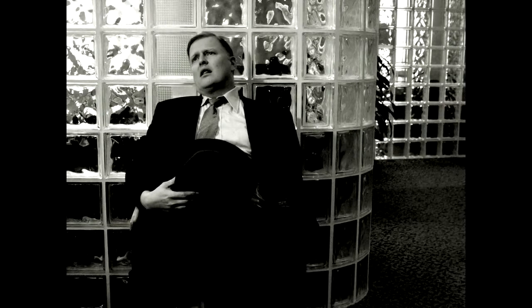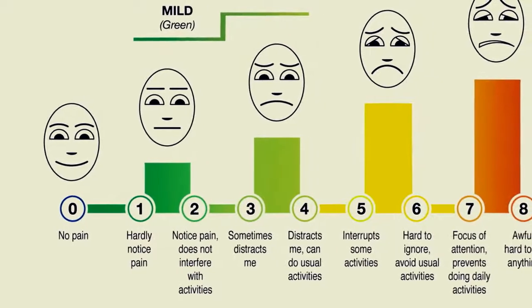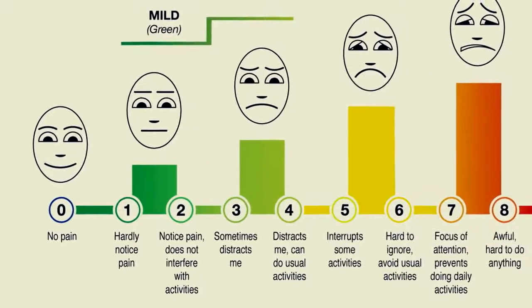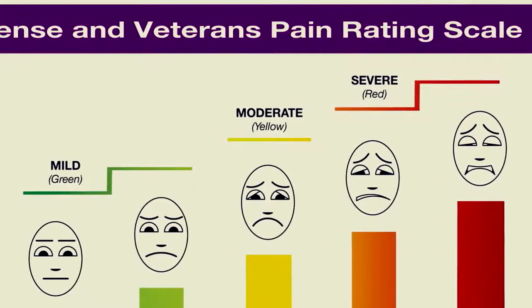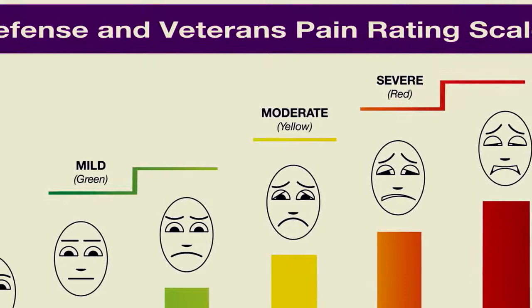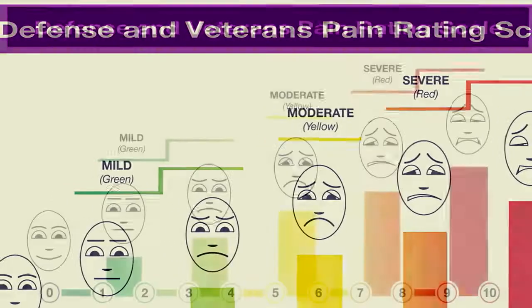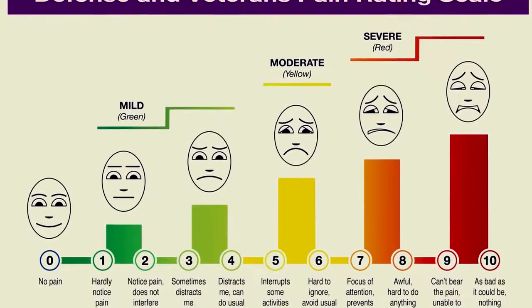These observations resulted in the development of this. The Defense and Veterans Pain Rating Scale, or DVPRS. It's the numeric rating scale enhanced. The DVPRS builds on the success of the numeric rating scale, but moves beyond focusing only on intensity.